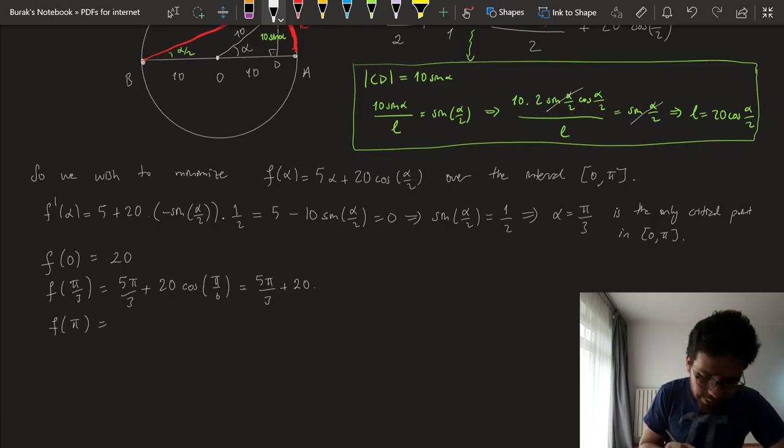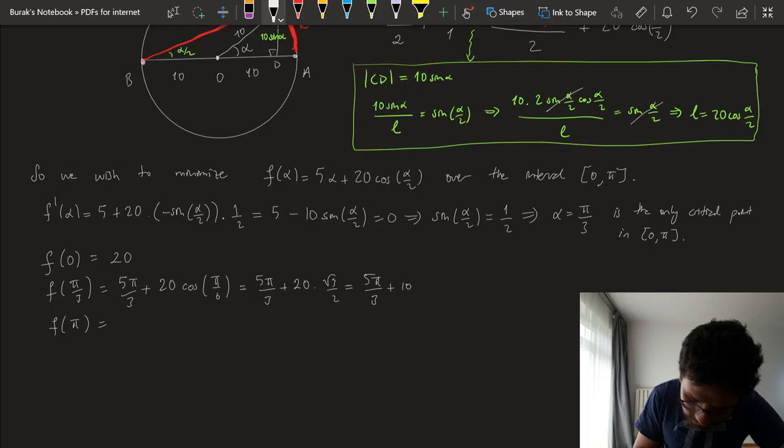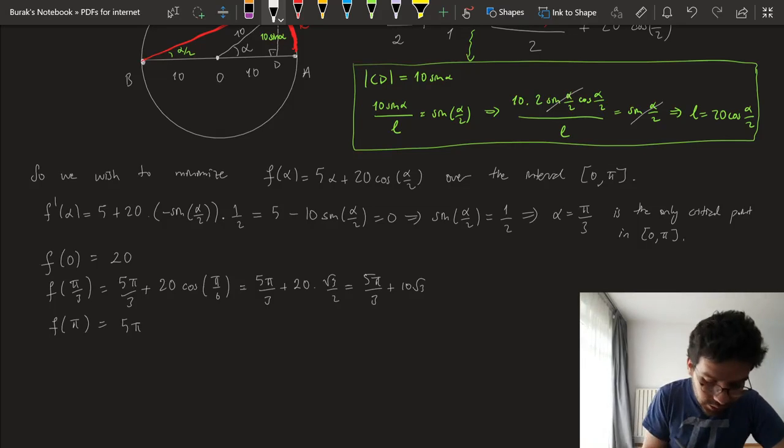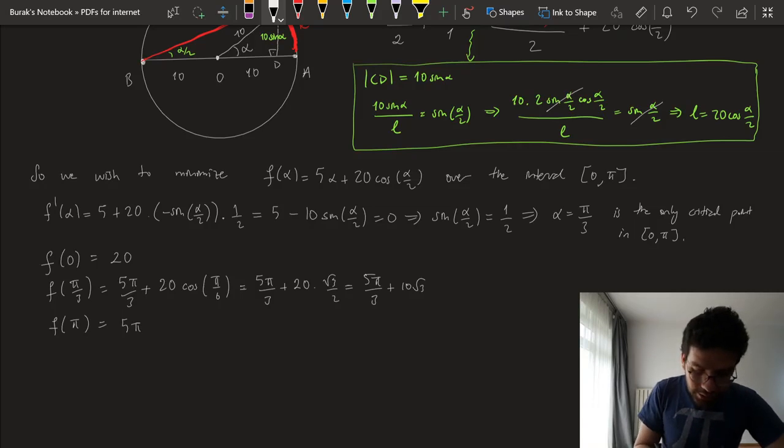Cosine pi over 6 is root 3 over 2, so you have 5 pi over 3 plus 10 root 3. And if you plug in pi, you're going to get 5 pi plus cosine pi over 2, which is 0. So you're going to get 5 pi. Now I should compare these.